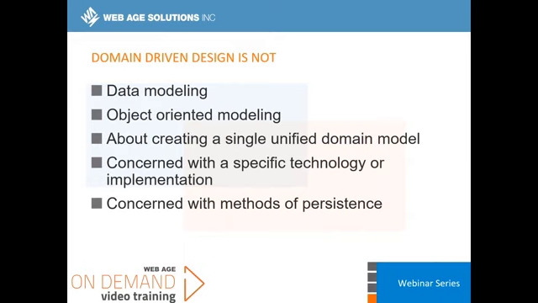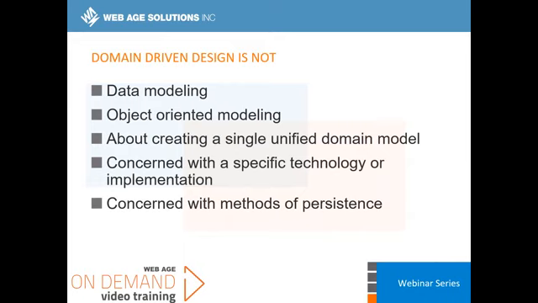And although it's concerned with persistence, the method of that persistence is not important. And in fact, there's a specific set of models that we use to ensure that the whole notion of the repository for our data is abstracted from the actual implementation of it.